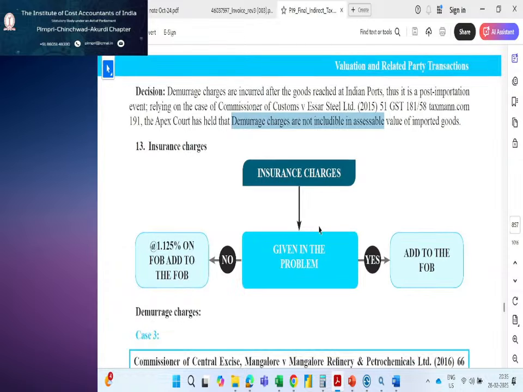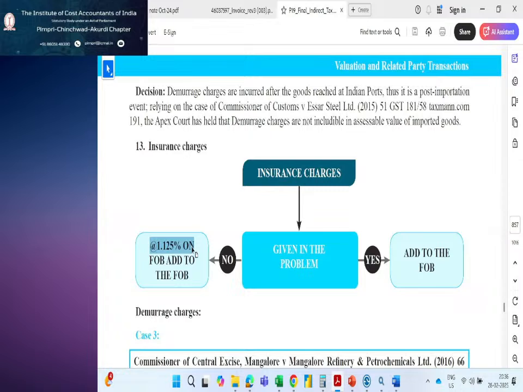Then we have insurance charges. If the insurance charge is given, then add it to the FOB. If the insurance charge is not given, then you need to add 1.125% manually. Same as freight. If the freight is given in the problem, you need to see whether it is air freight or sea freight. If it is air freight, you have one more condition: whether it is greater than 20% of FOB.